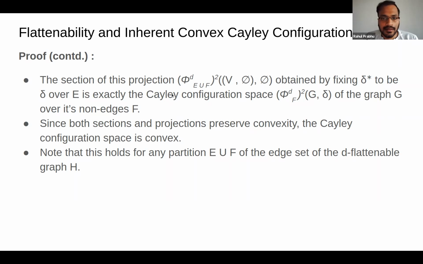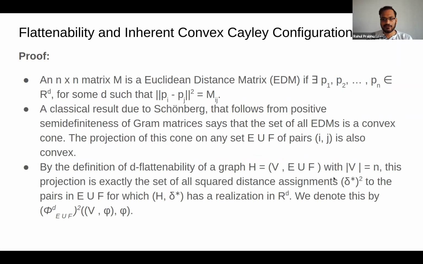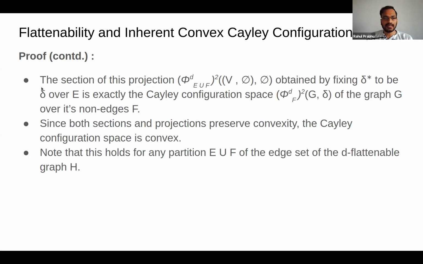Now we take a section of this projection that is obtained by restricting this delta star that I defined here for H to be delta over the set of edges.